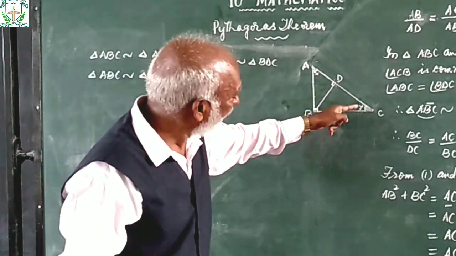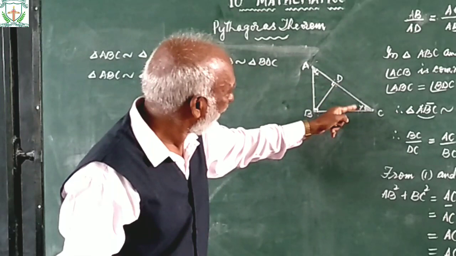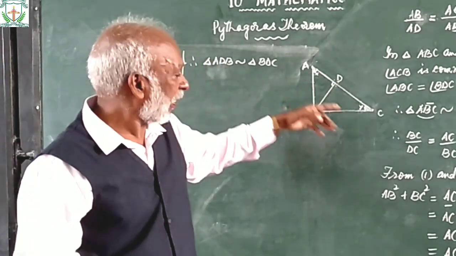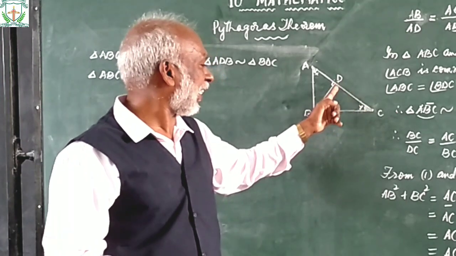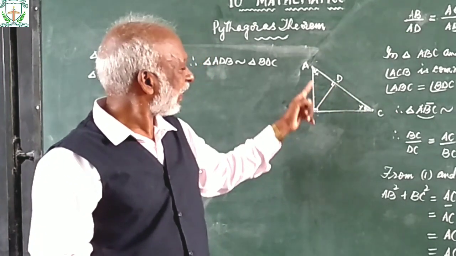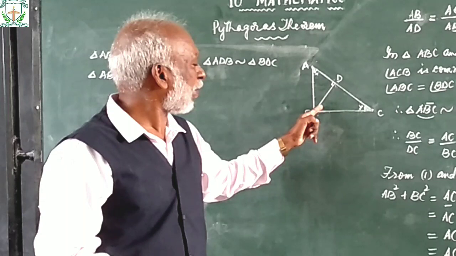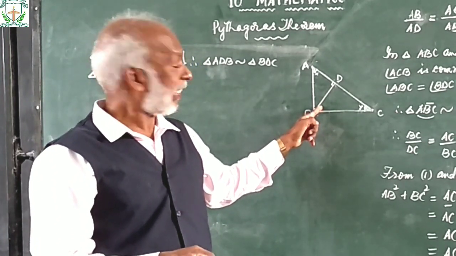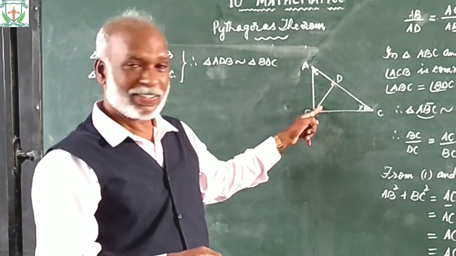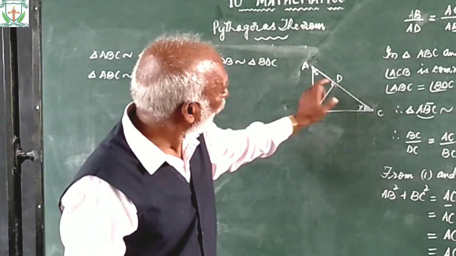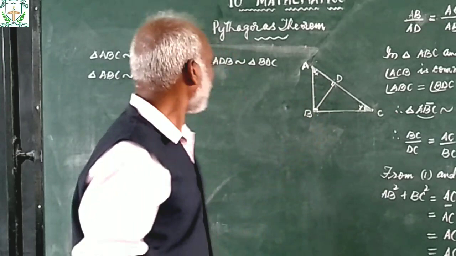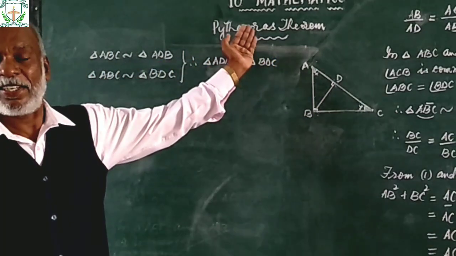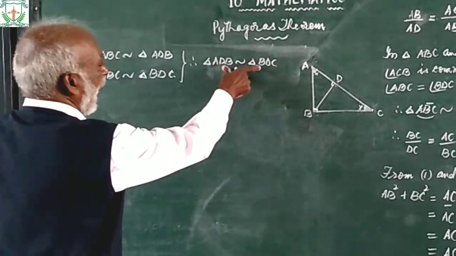So this plus this is 90 degrees. This is x. So how much is this? Here you have y, this is 90. How much is this? This is 90 minus x. Am I right? So that way also you can prove that these two triangles are similar. Just make use of this idea. So these two triangles are similar.